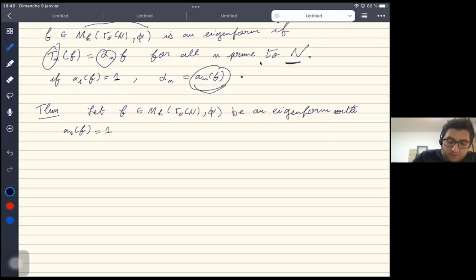If f is an eigenform whose first Fourier coefficient is 1, we often call it a normalized eigenform, then there exists a Galois representation.